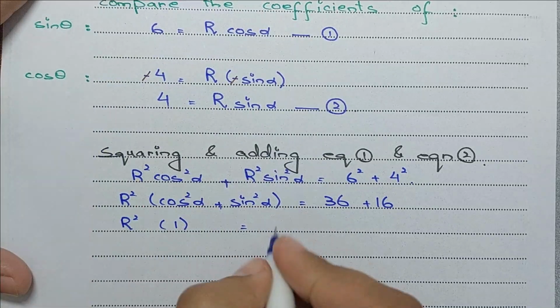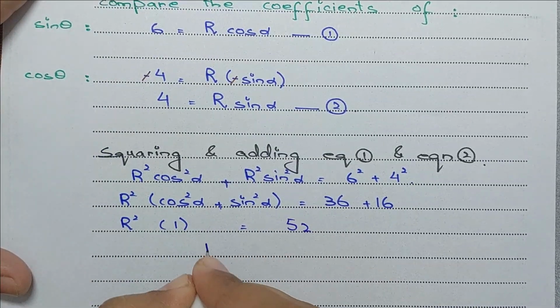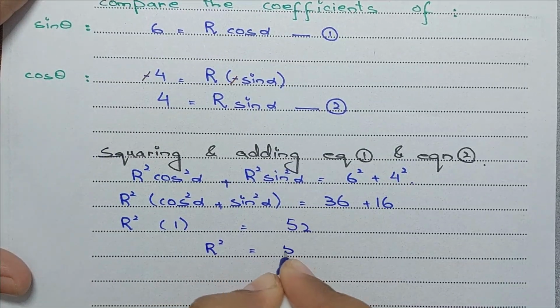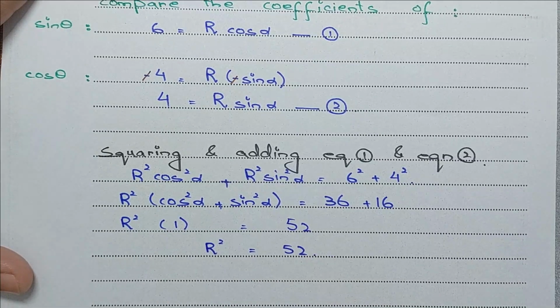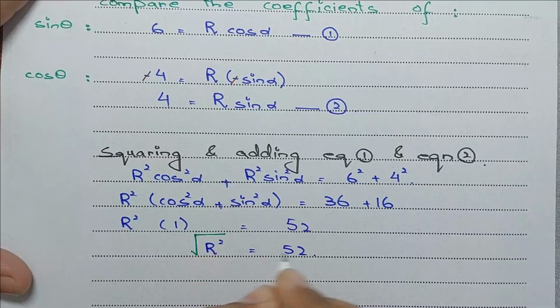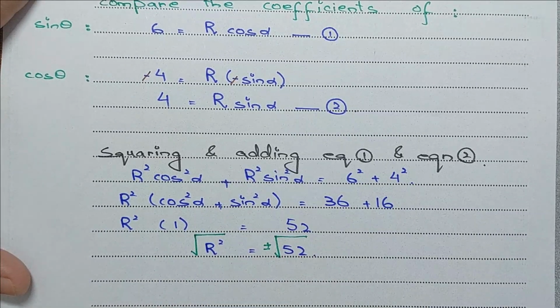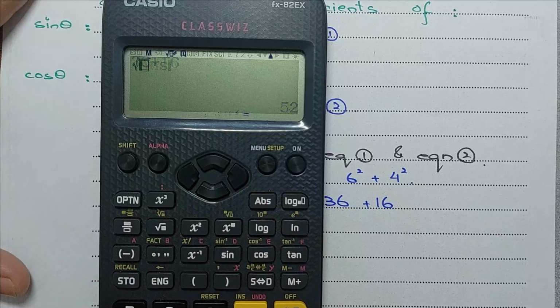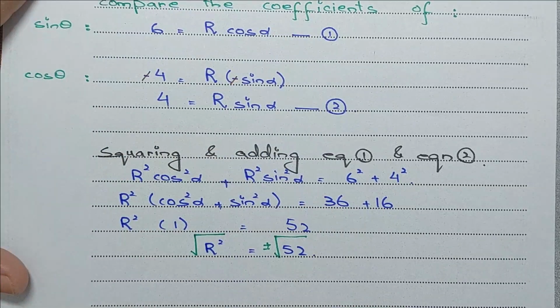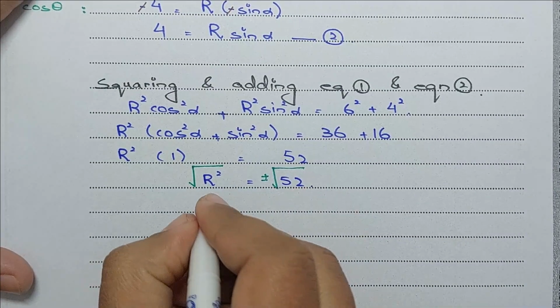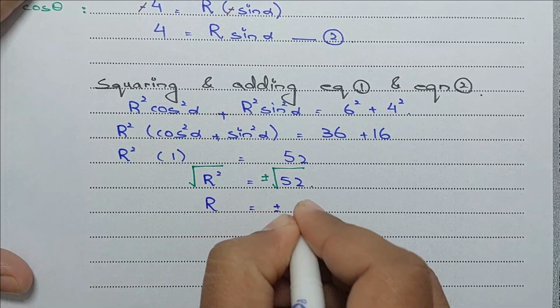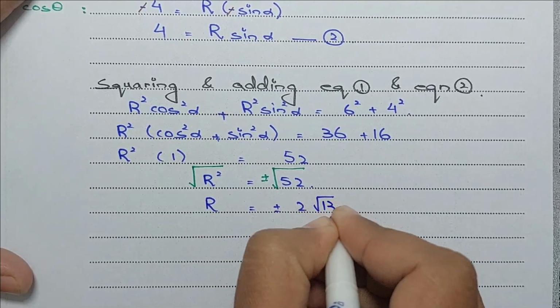52. So here r square is 52, but we need to solve for the value of r. So what we need to do, take the square root on both sides. And when we do the square root, this should be plus minus. And root of 52 is 2 root 13. So the r value here, we will get r equals plus minus 2 square root of 13, right?